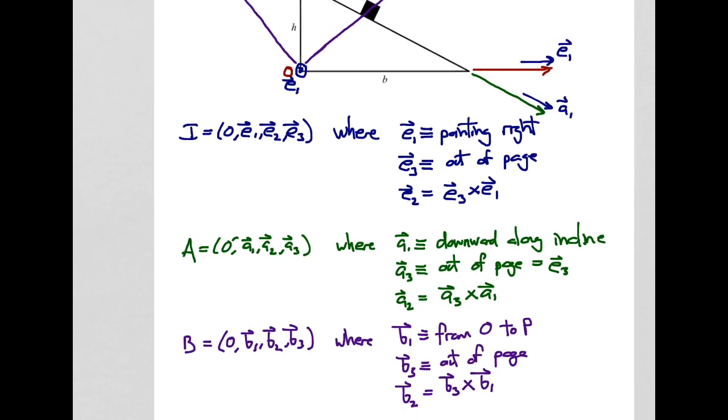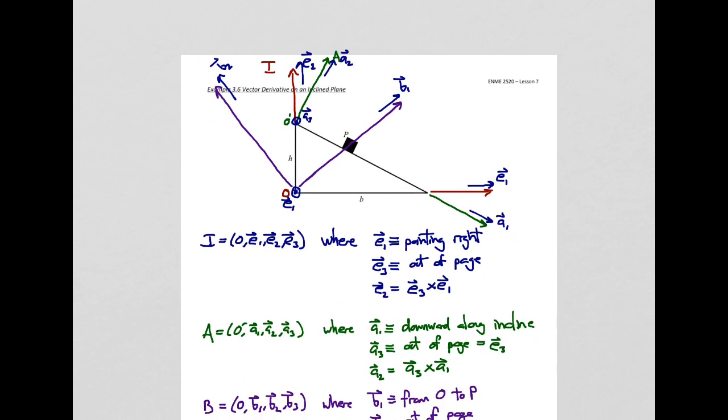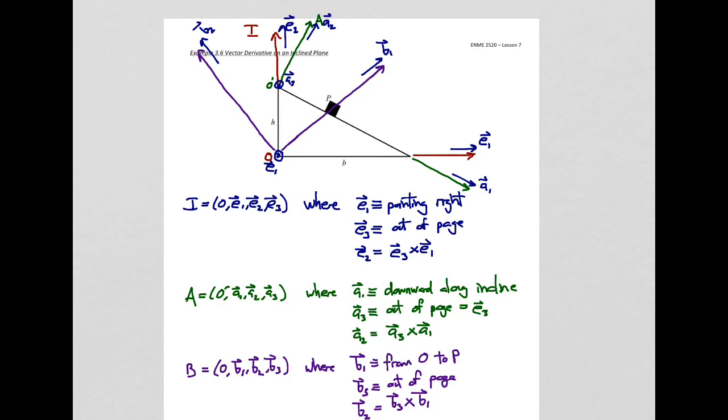So let's take a step back here and let's look at what we've done. We've defined three reference frames. We've defined the reference frame I for the inertial reference frame, and so that's kind of our typical to the right up basis vectors. We've defined the reference frame A, and the reference frame A is along this incline and perpendicular to the incline, and then a reference frame B. And our reference frame B, notice this, the reference frame A and I were both fixed reference frames.